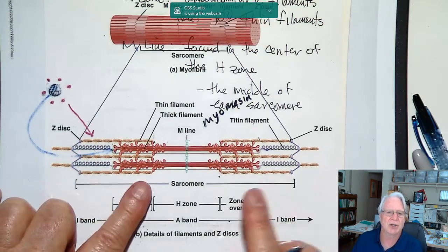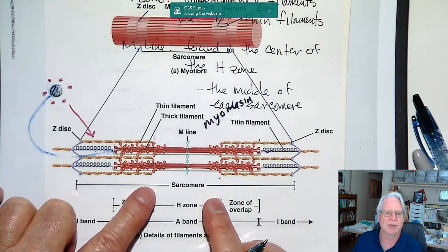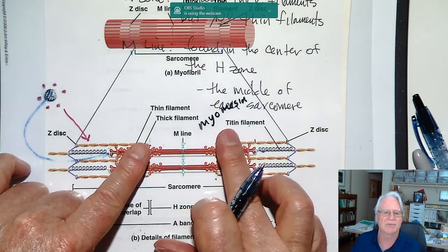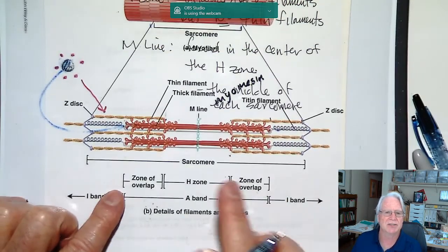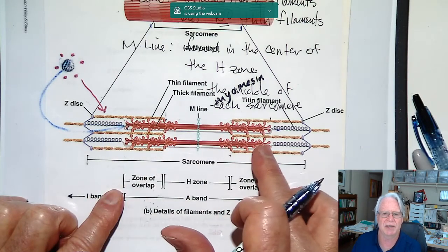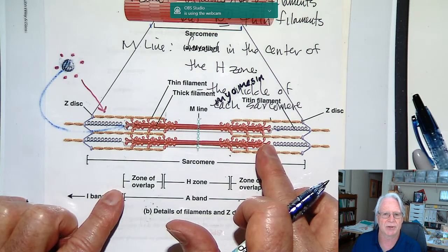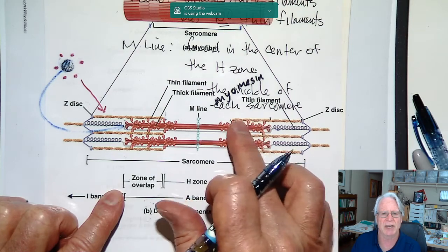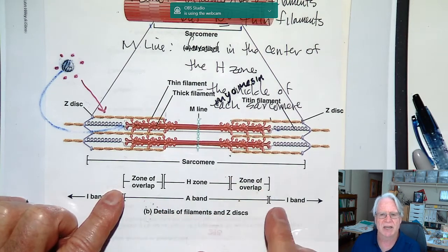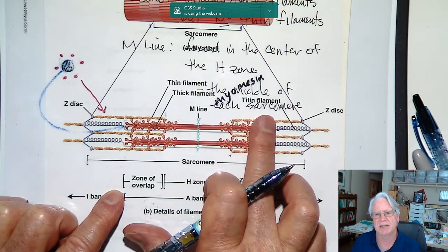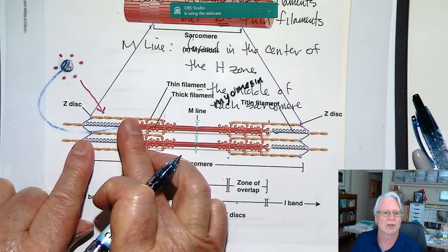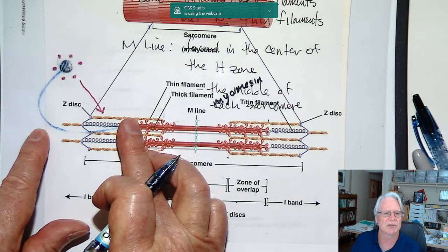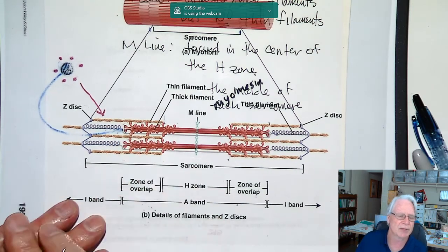The H zone consists of a region of only thick filaments. The A band is the entire length of thick filaments, so including that area where we have overlap with thin filaments. And the I band is only thin filaments, which can be found in the other sarcomere as well.